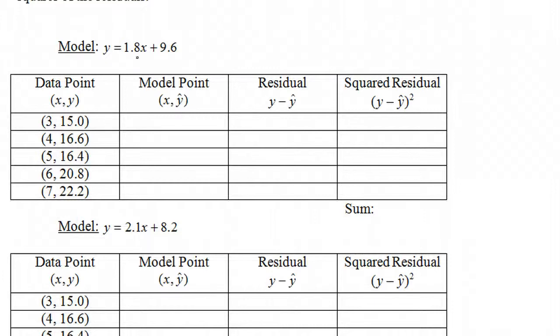In the top model, y equals 1.8x plus 9.6, we already looked at 6. When we plug in 6 for x, we got 20.4, so the model point is 6 comma 20.4. The actual data point was 6 comma 20.8. Taking y minus y hat, 20.8 minus 20.4, we get 0.4, and when we square 0.4, we get 0.16.